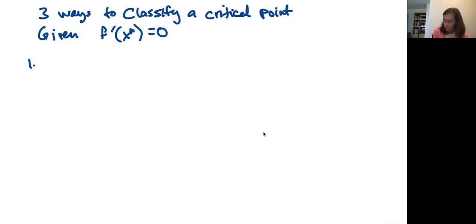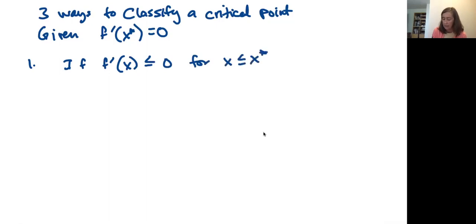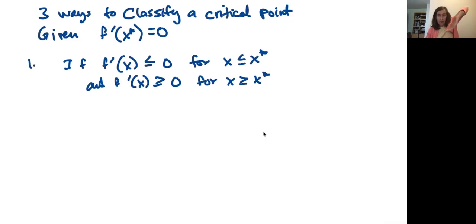So if f prime of x is less than or equal to 0 for x less than x star, and the first derivative is greater than or equal to 0 when x is greater than or equal to x star, so we're going from a negative first derivative to a positive first derivative, that's the bottom of a canyon.